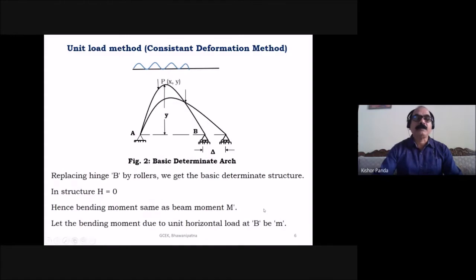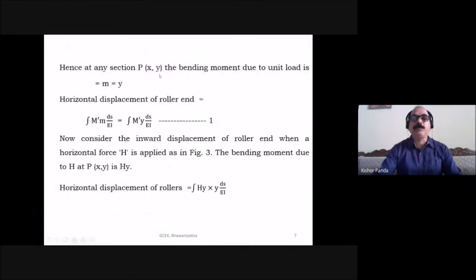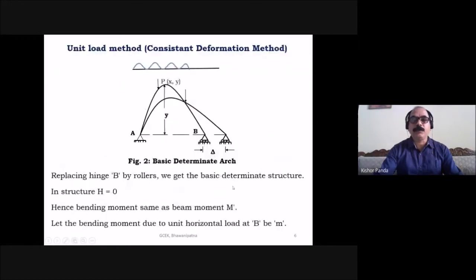Hence, at any section P (x, y), the bending moment due to unit load is m. What is the bending moment due to unit load? The unit load is acting here, and you take the bending moment from this point: 1 into y, the force into the vertical distance. This is the bending moment due to unit load.